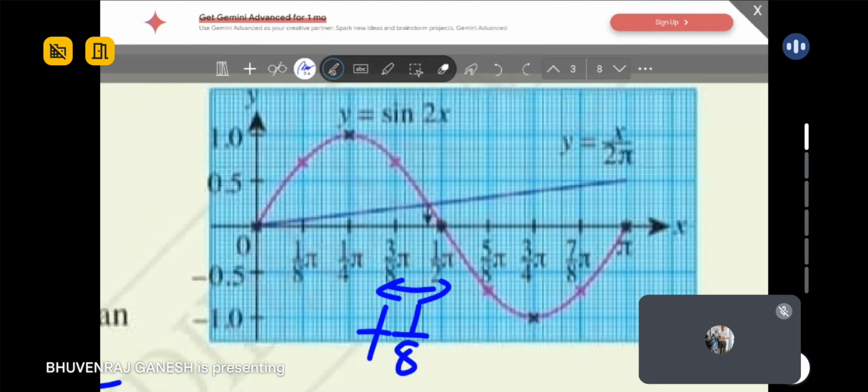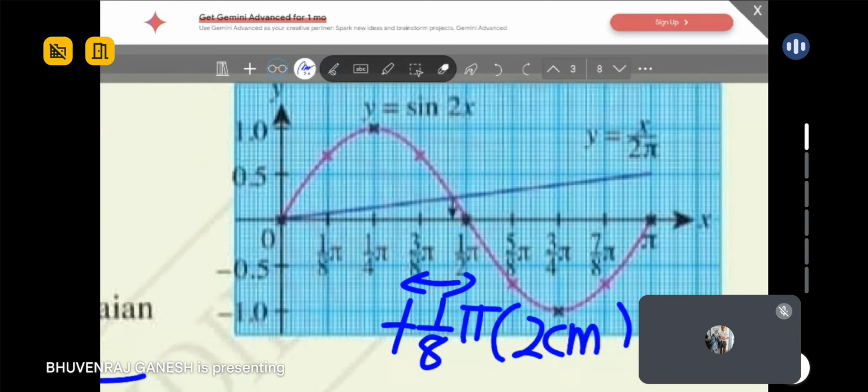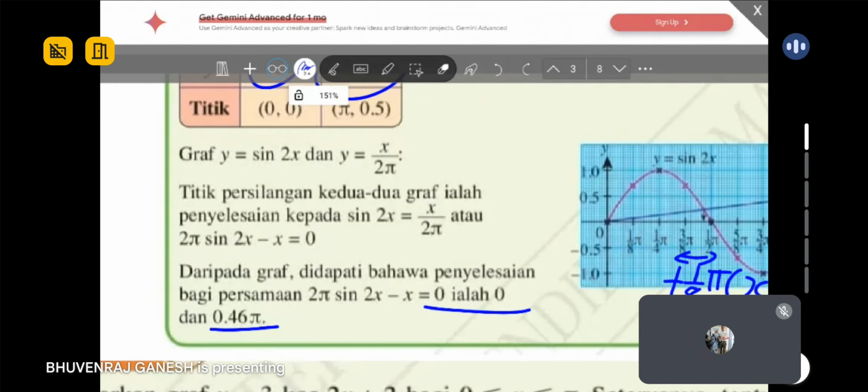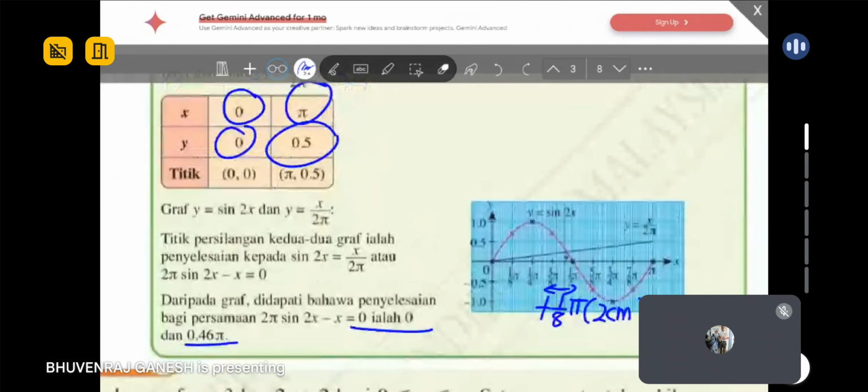So you just add 1 over 8 pi, and then kamu bahagi dengan 10. You divide by 10 because this is for 2 cm. Then you will get the answer, 0.46 pi. Boleh? Do you understand this question? 1 atau 2?